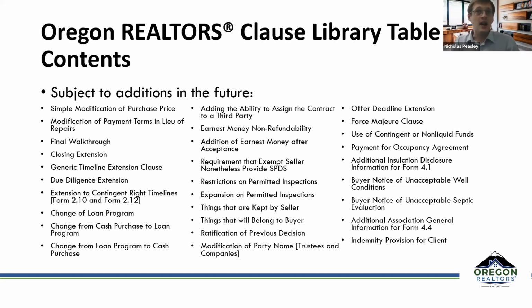But what we see a lot is John Smith is named as the seller. John Smith doesn't own the property. Even as a personal representative or as a trustee, John Smith does not own the property. The trust or the estate owns the property, and so they should be the seller of the property. They just have a signatory who's allowed to sell it.